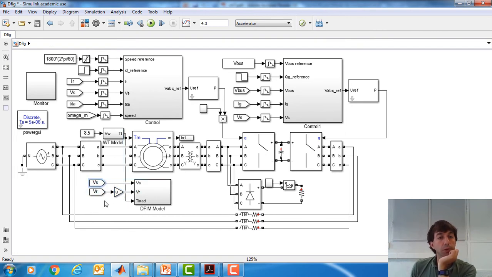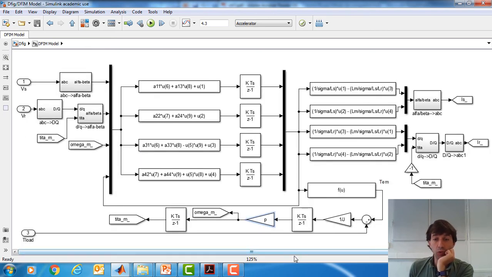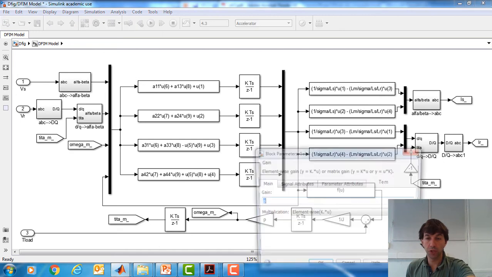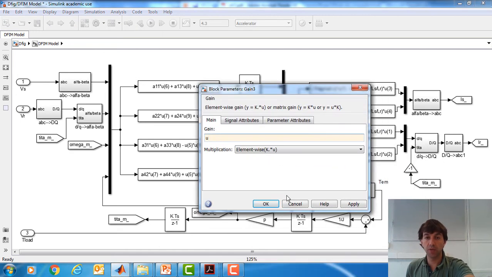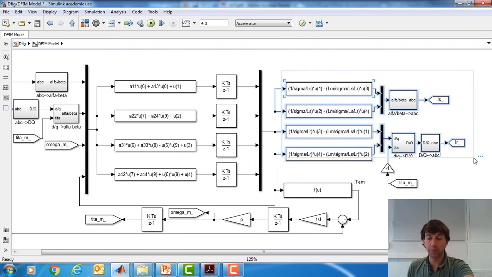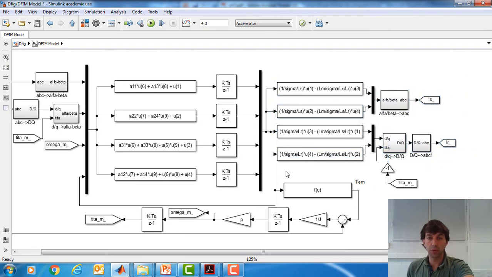This is 1, and for the rotor currents, if we want to compare them with the model, we will need to do the same. So we need to multiply the rotor currents of our own model by U in order to be possible to be compared with them. Let's do some space.